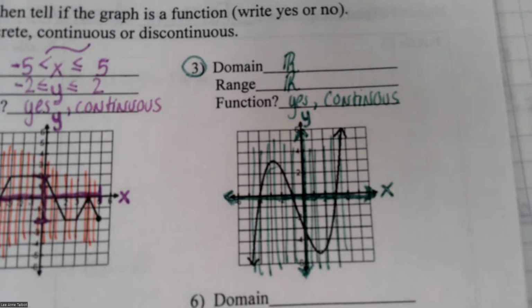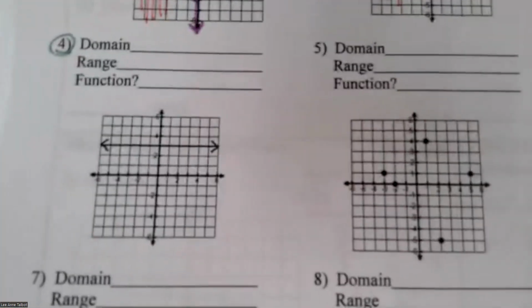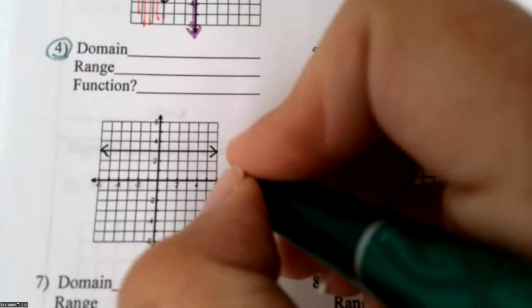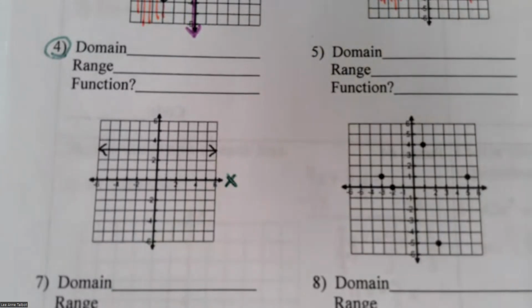Okay, number 4. Domain reminding you is left and right. Does this graph go on forever to the left?